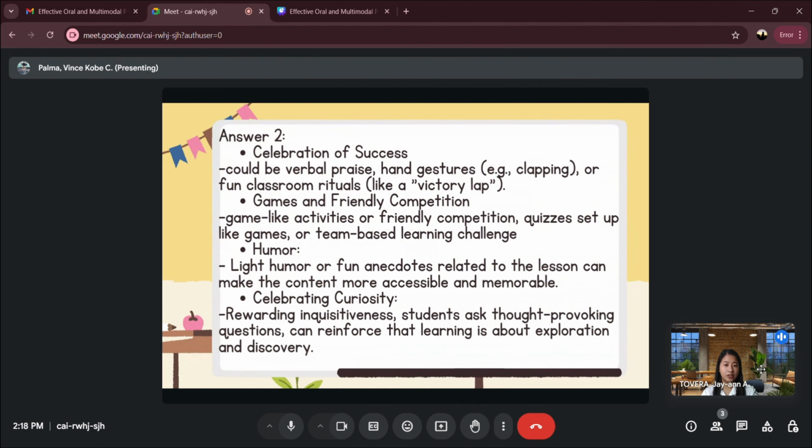Okay, under celebration of success, there's verbal praise, hand gestures, classroom rituals. Under games and friendly competitions, there's quizzes, team-based learning challenges, and puzzle games. Under humor, there's humor or fun anecdotes in order for the students to find the topic more memorable and accessible.